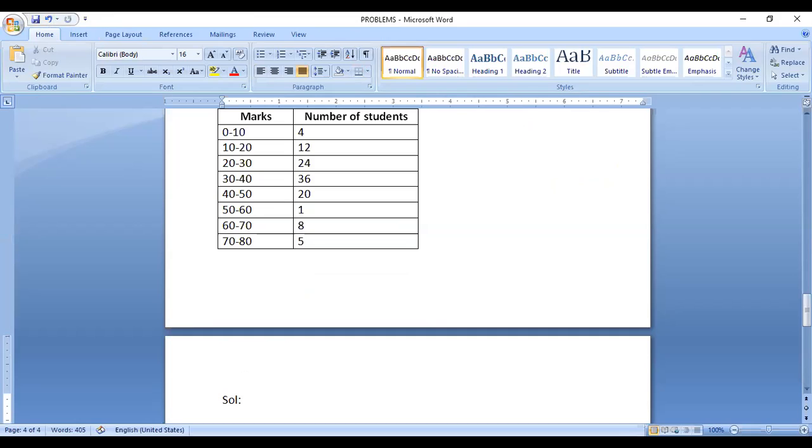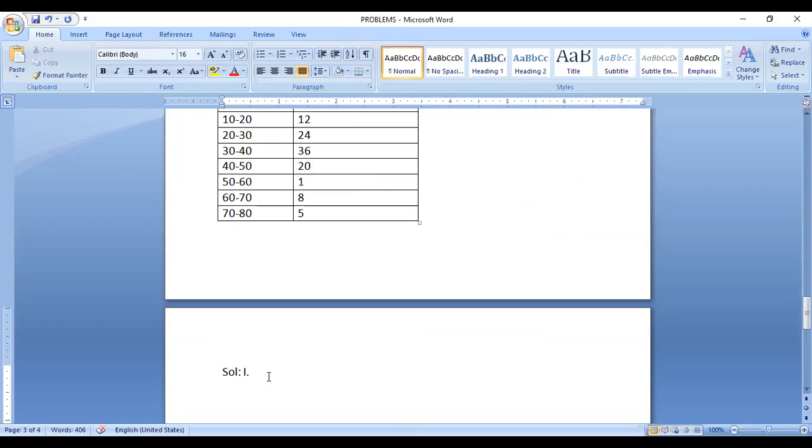So first one we will start with. In the first method we will understand the less than method, that is asked in unit 1.